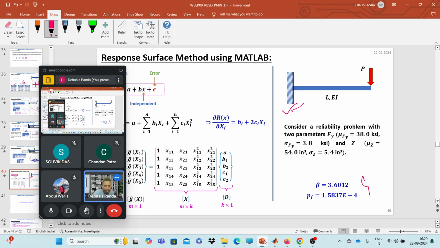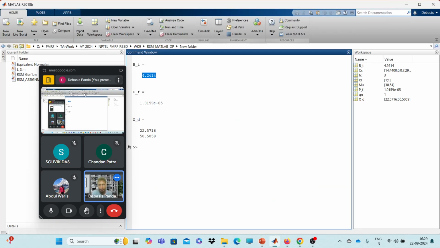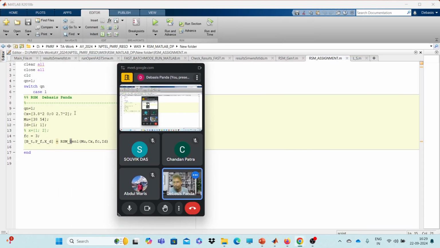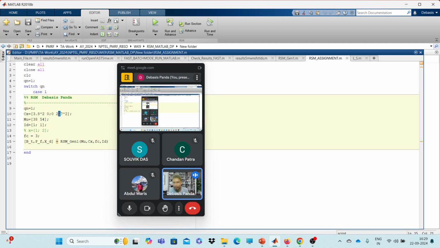Let's check mu z equal to 5.4. The difference will be only in 5.4: instead of 2.7, you just need to put 5.4 here. Now let's check it.